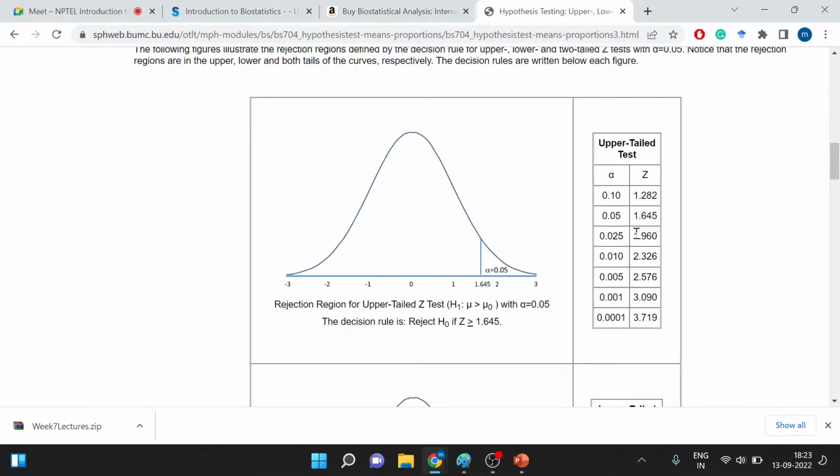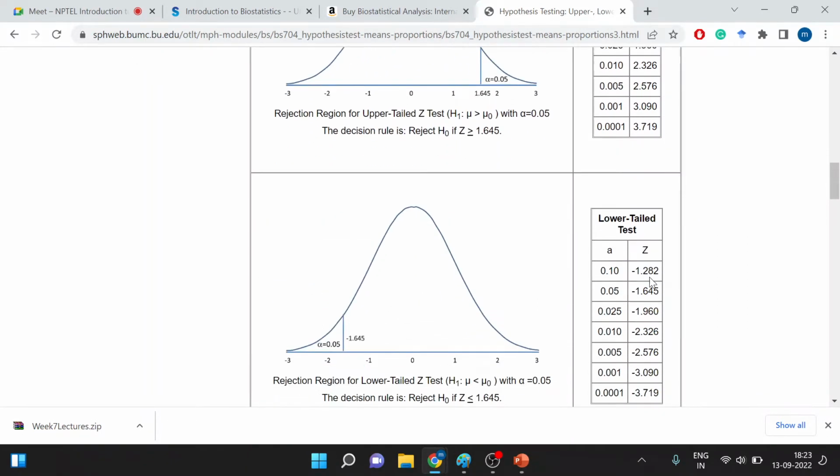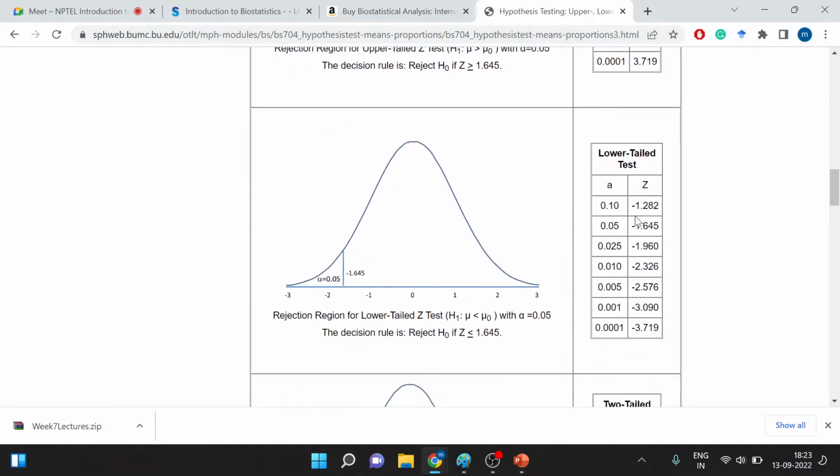If you see this table, as you go lower and lower for smaller alpha values, your z statistic keeps increasing. The magnitude keeps increasing. So this is a left-tail hypothesis, which is relevant to the question. It goes from minus 1.2 and keeps going till minus 3.79. So the magnitude is increasing.